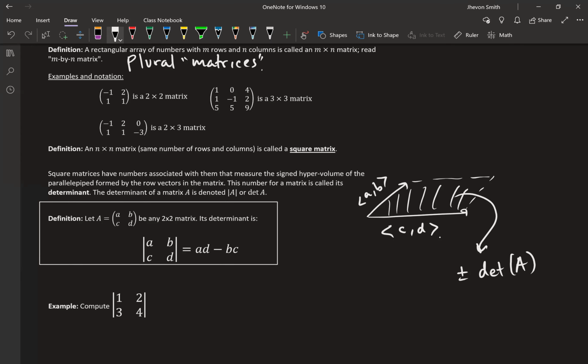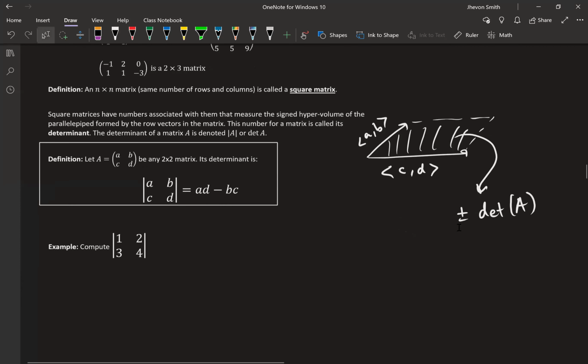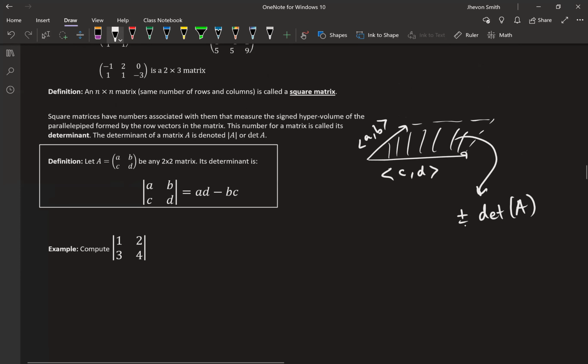And if I have a 3x3, so the area is going to be that. If I had 3 vectors, like here was my 1 vector, here's another vector, they can form a parallelogram.